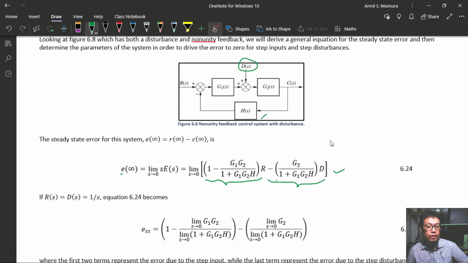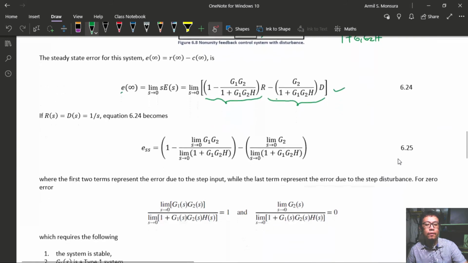Assuming that the poles, the roots of 1 plus G1, G2, H1 or H are in the left half plane, then we can apply the final value theorem as what is 6.24 is demonstrating. Now, if we assume that we have step input and step disturbances, the steady state error due to the step input and disturbance would become this one.